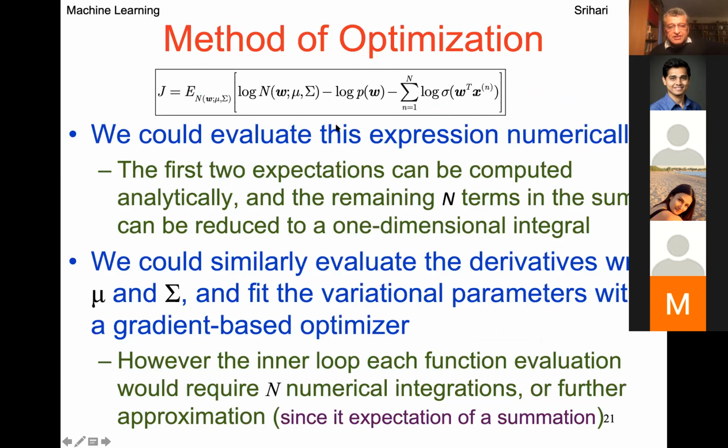We could evaluate this expression numerically. The first two expectations can be computed analytically. The remaining n terms in the sum can be reduced to a one-dimensional integral. We could similarly evaluate the derivatives with mu and sigma and fit the variational parameters with a gradient-based optimizer. However, the inner loop for each function evaluation would require n numerical integrations or further approximations.